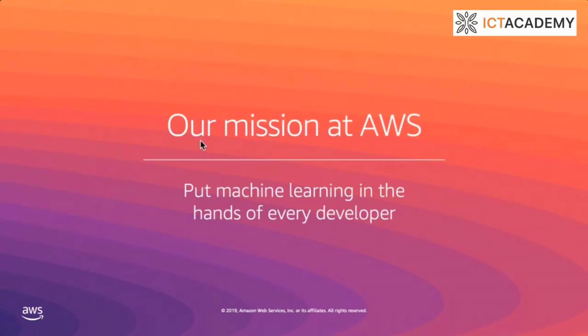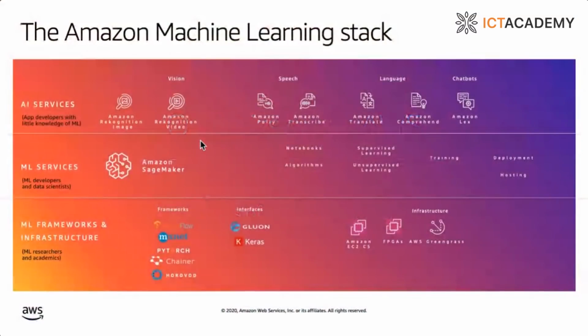So just to give you one more step in terms of the Amazon machine learning stack. At Amazon, we call it a 3-layered machine learning stack. The bottom layer is called the ML framework and infrastructure layer.